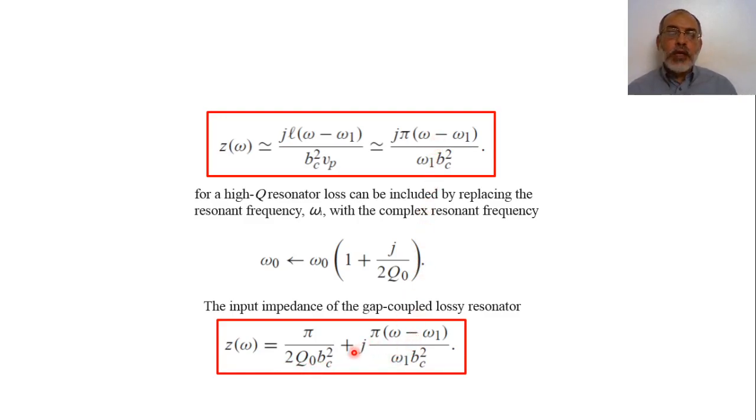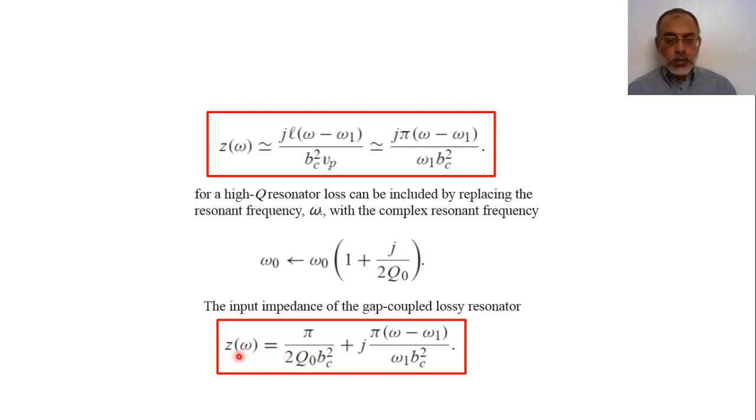Now we have included the effect of the losses from the quality factor, the unloaded quality factor of the resonator. And once we included the effect of the losses, we obtain in the input impedance a real part. And actually this real part corresponds to the losses in the resonator.